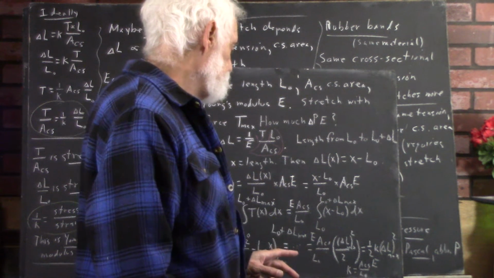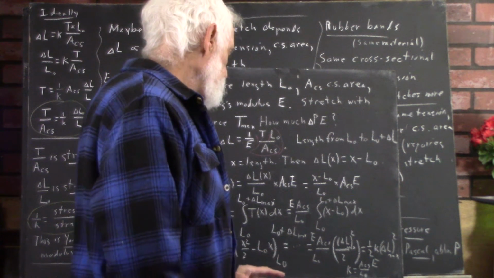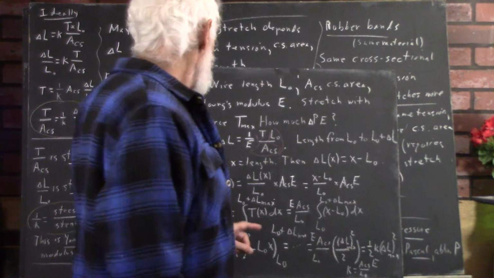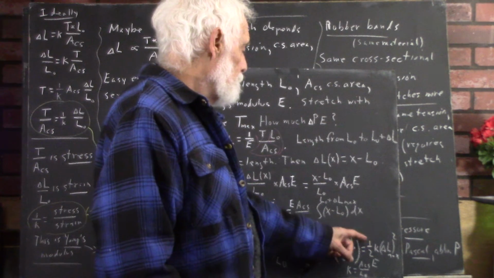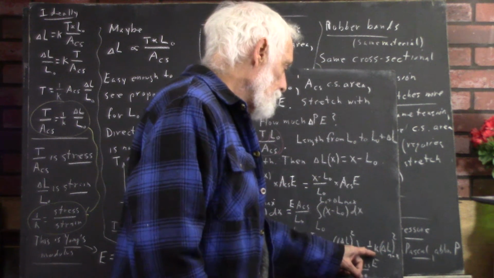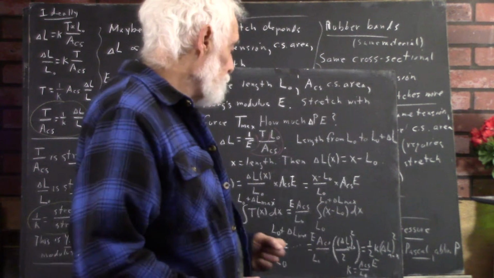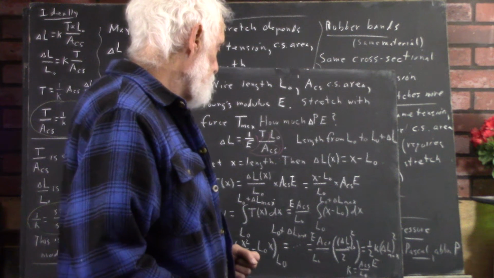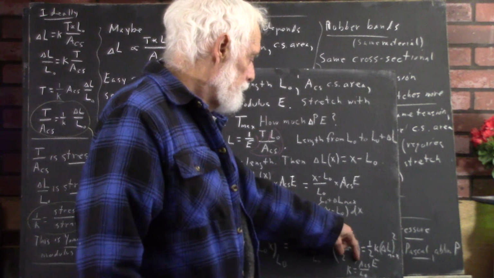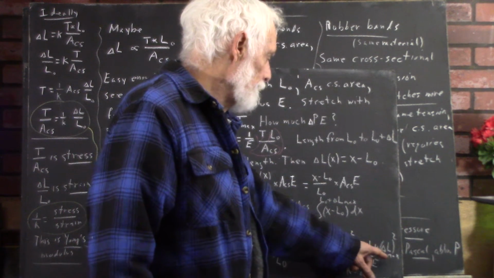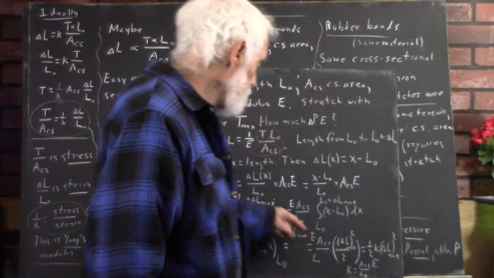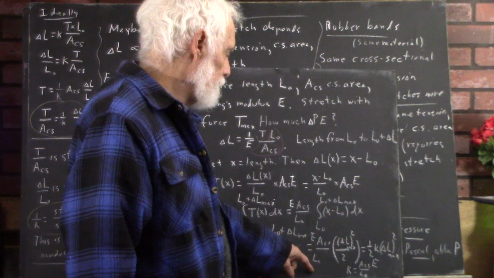And now I can write this as 1/2 K delta L max squared, where K is your force constant, equal to whatever the coefficient of 1/2 delta L max squared is, which is the E ACS over L naught.